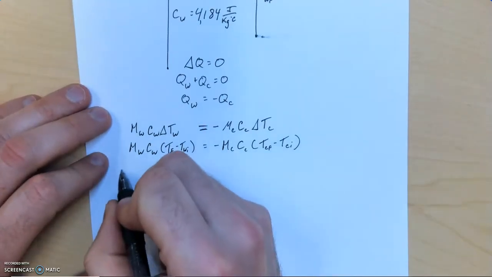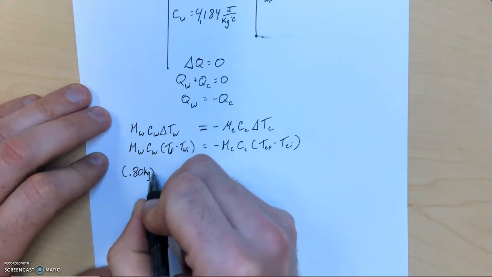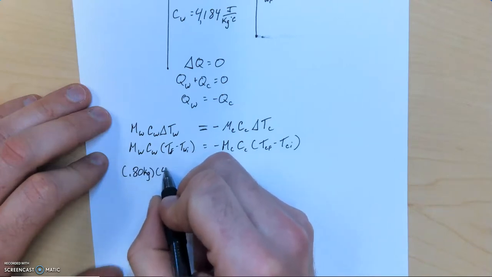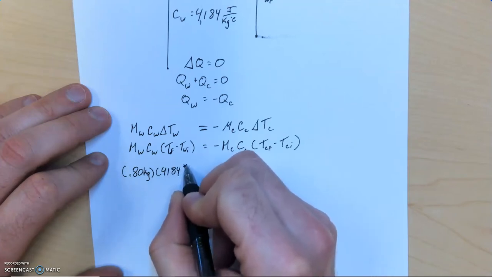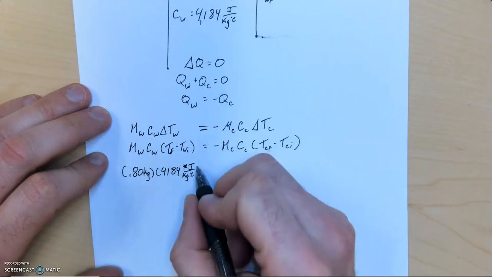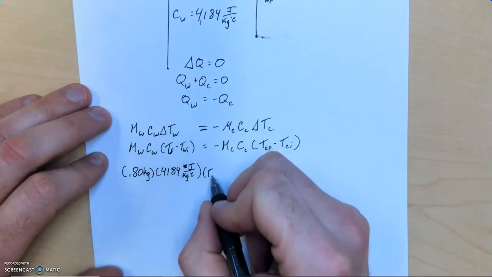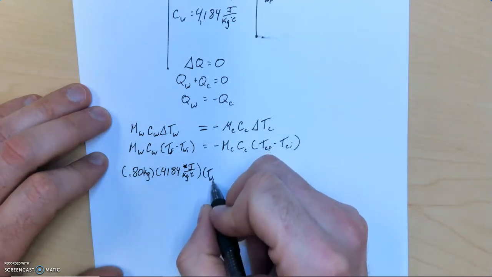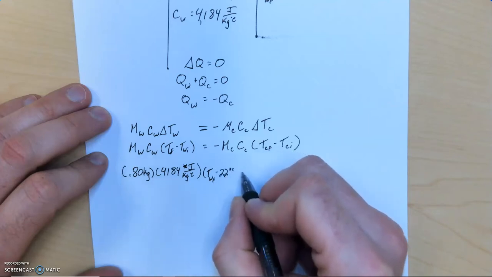So let's fill this in. We're going to have 0.8 kilograms of water, specific heat of water is 4184 joules per kg times Celsius, and our temperature change was water final minus 22 degrees Celsius.